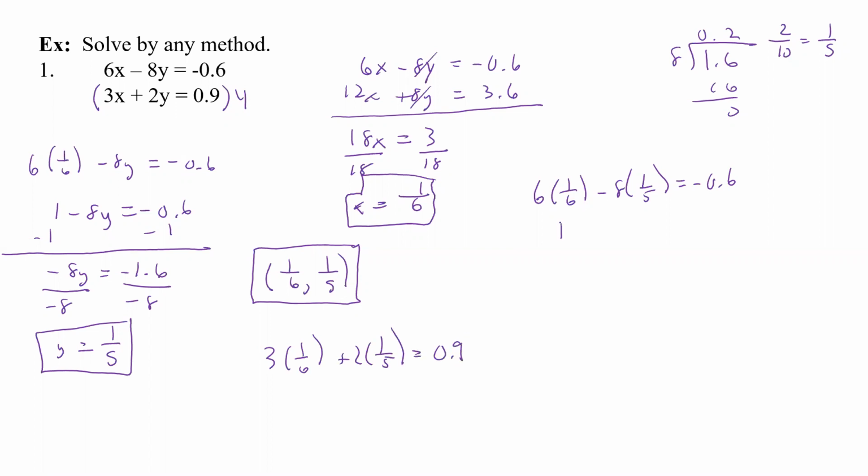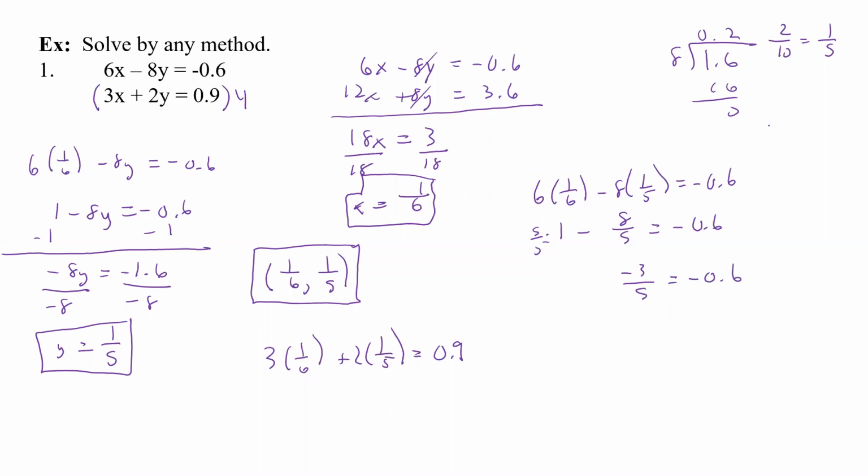All right, so here we have 1 minus 8 over 5 equals negative 0.6. And so now if I get a common denominator, that's going to be multiplied by 5 over 5. So I have 5 minus 8, so it's minus 3 over 5 equals negative 0.6.